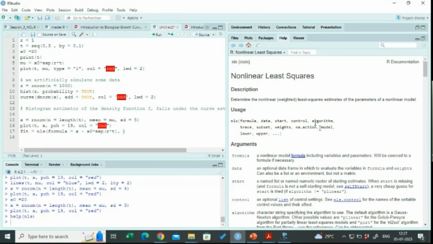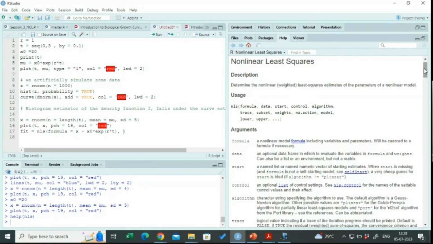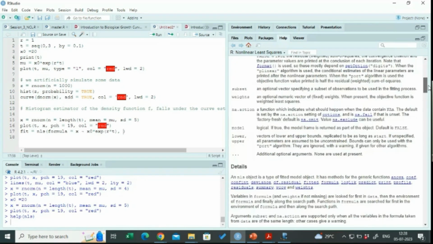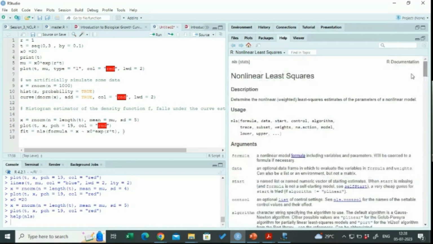There is a possibility to give algorithm also. There are various types of control also there. There are upper limit and lower limit for the parameters that can be given. So it contains a whole lot of options.